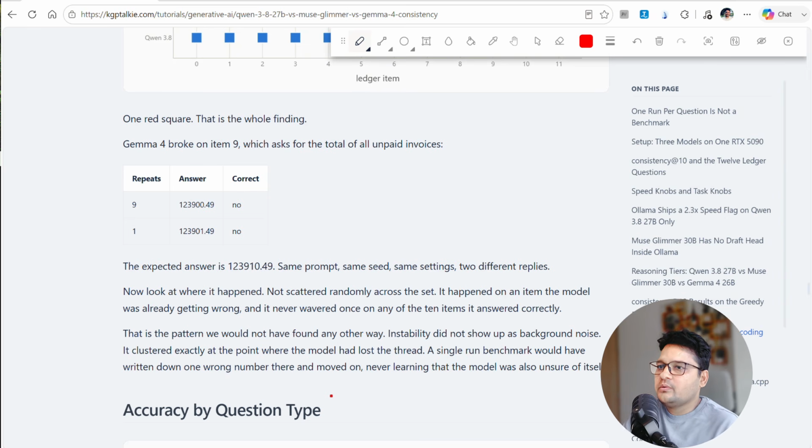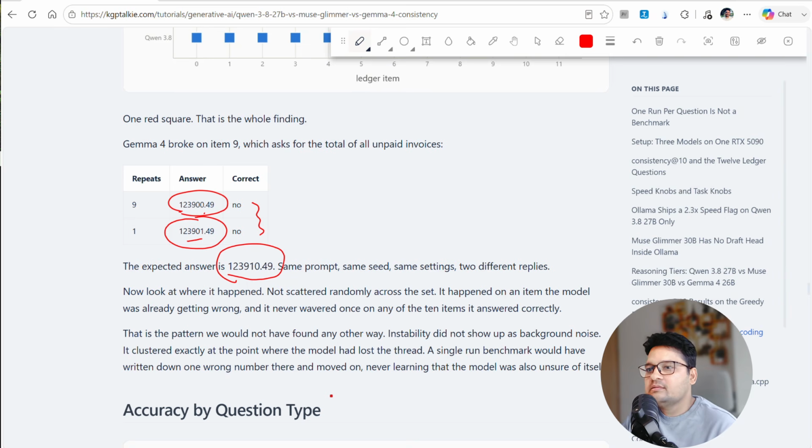So what was the problem there? The problem was this one. 9 times it has repeated this answer, and 1 time it has given this other answer, whereas the correct answer was this one. Do you see here, where the model is wrong, it is actually giving different results.